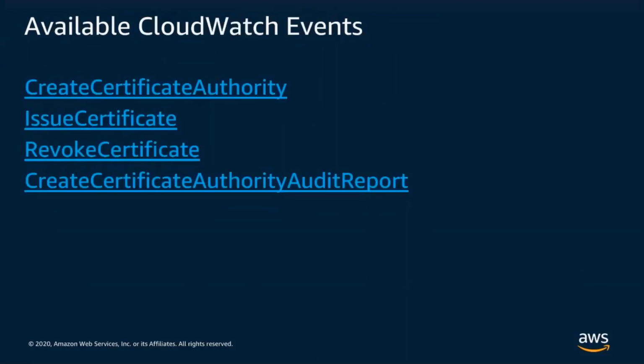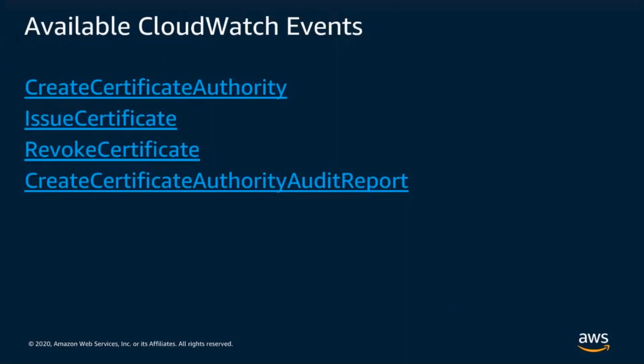Another important factor for CA security is being aware of what is going on with the CA. The 4 API calls here, create certificate authority, issue certificate, revoke certificate, and create certificate authority audit report, can trigger CloudWatch events.